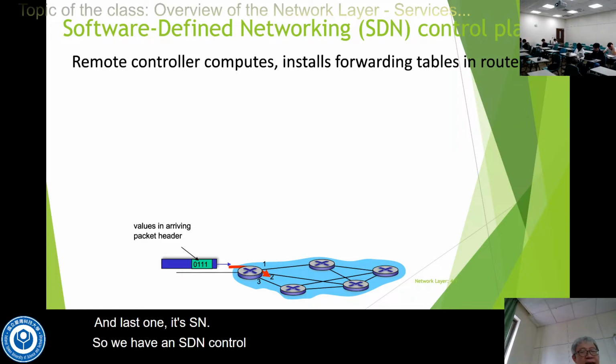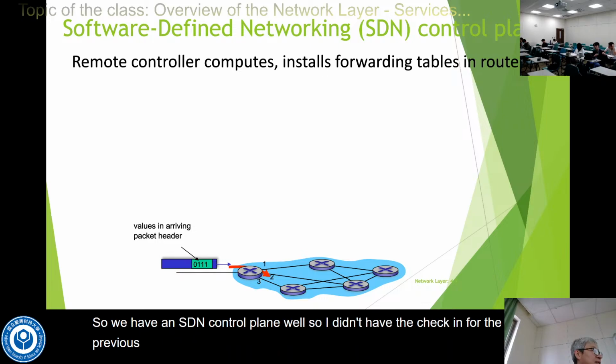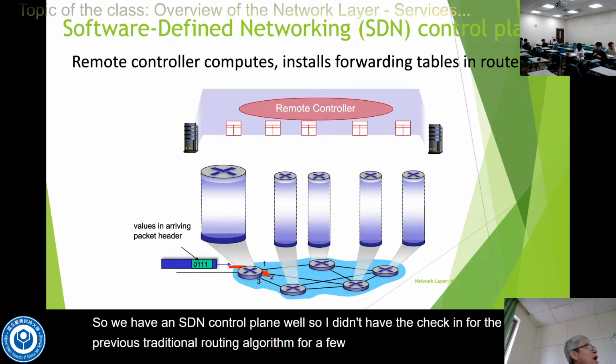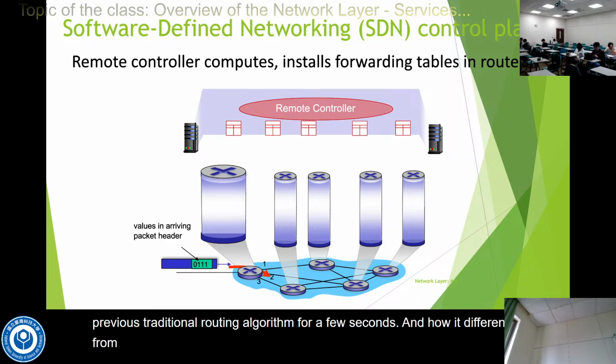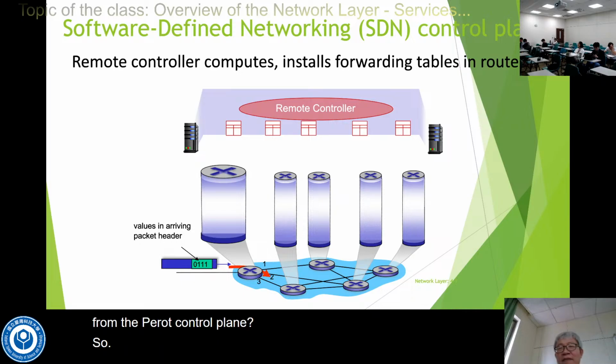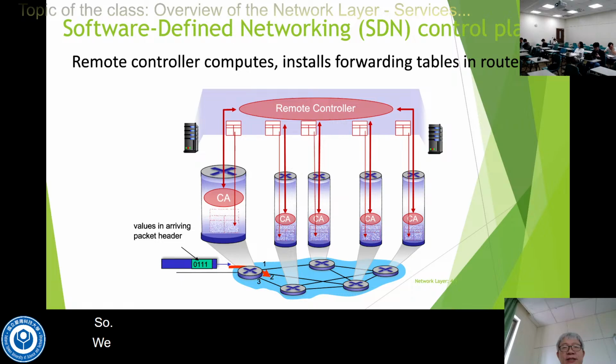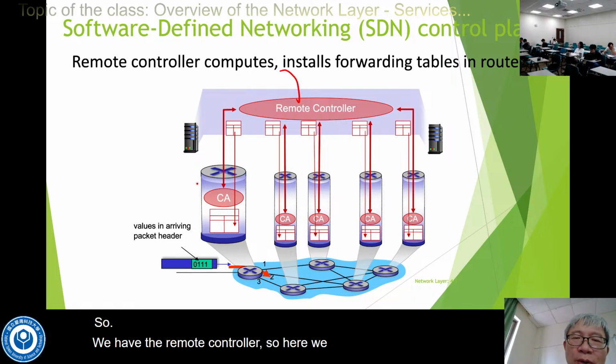Well, I already checked the previous traditional routing algorithm for a few seconds. And right now, how does it differ from the per-router control plane? We have the remote controller. So here we have the remote controller.